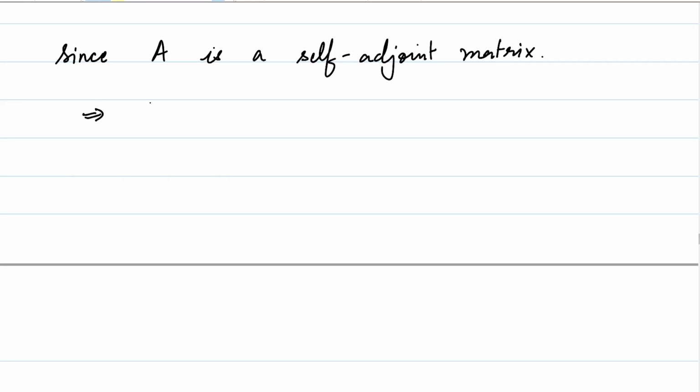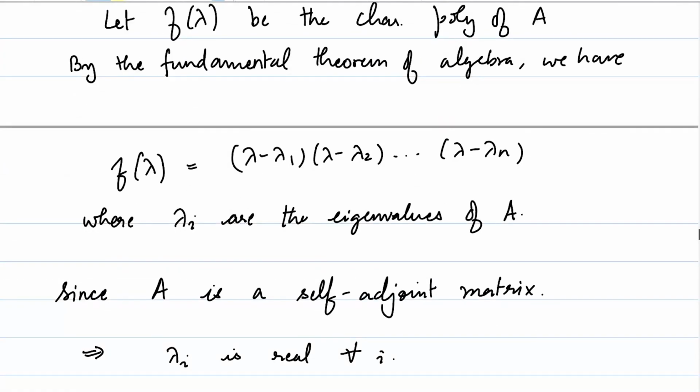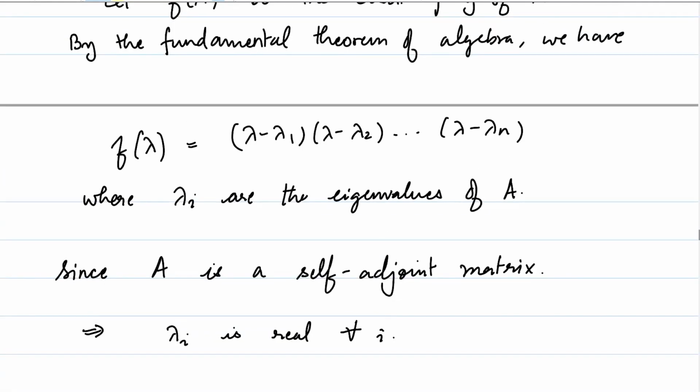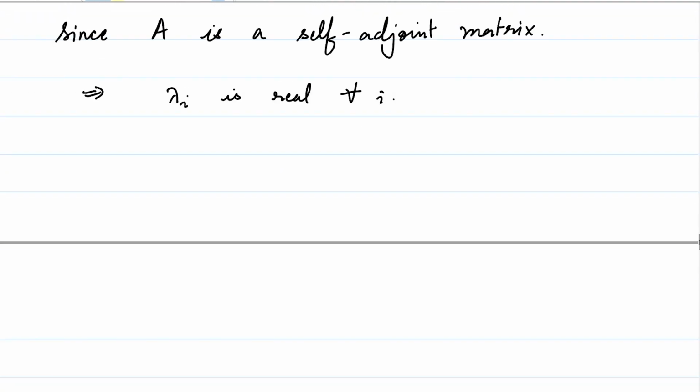This implies that lambda i is real for all i. But what does that mean? That means that f of lambda would be just a product of lambda minus lambda i. It is going to split over the real numbers. Hence, irrespective of whether it is over complex numbers or not, f of lambda splits.